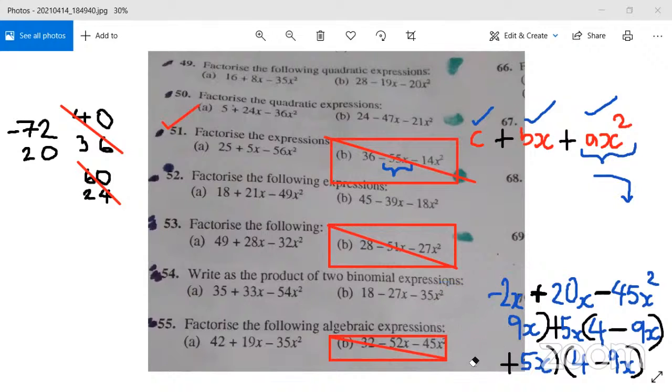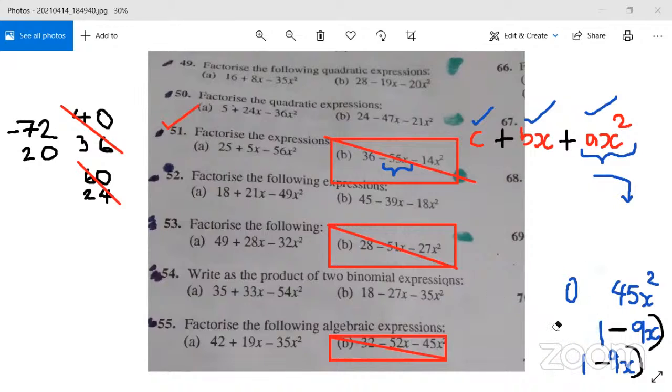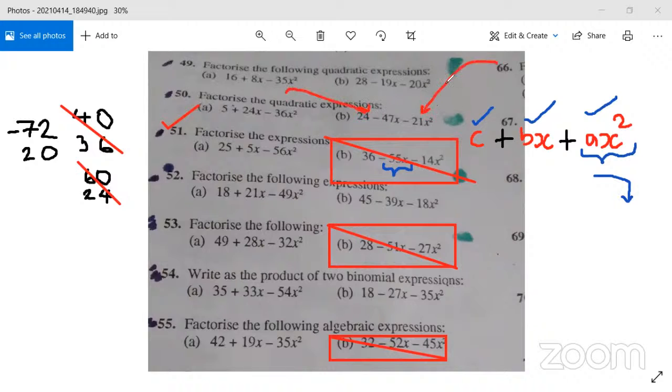All right, let's do 50 part B, and that looks very unlikely. So we have 24 and we have 21. What is 12 times 2? 12 times 2 is 24. 12 is 2 by 2 by 3.